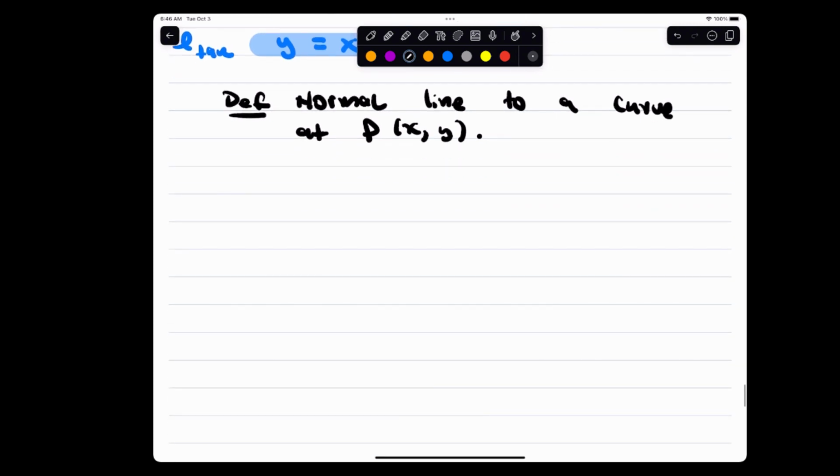The normal line, I'll put L with maybe an N, is perpendicular to the tangent line at P.